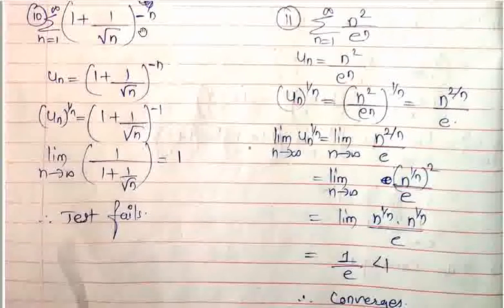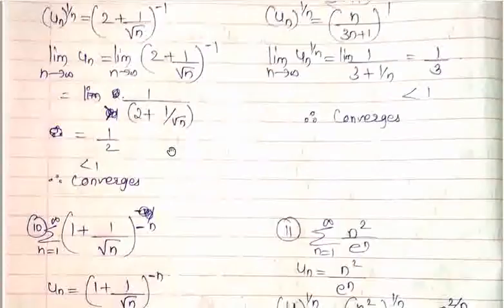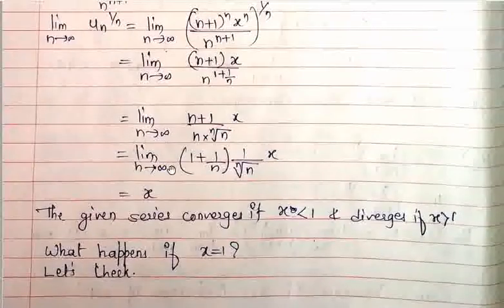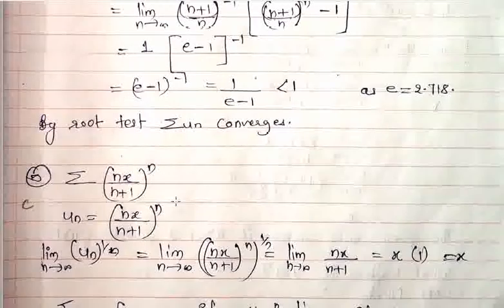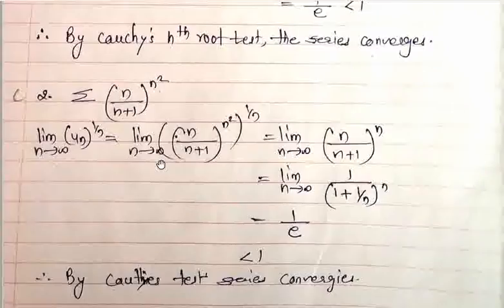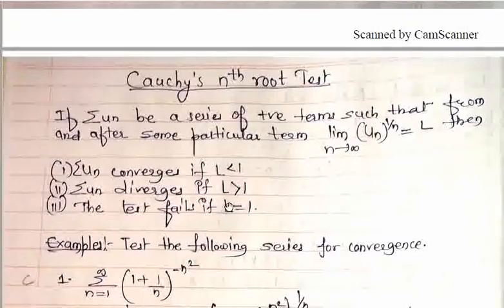Here, applying the same steps as before, minus n divided by n, which is minus 1, divided by infinity, which is 0, so 1 divided by 1, which is 1, so the test fails. So if L is 1, then the test fails. If L is greater than 1, it diverges. If L is less than 1, it converges.